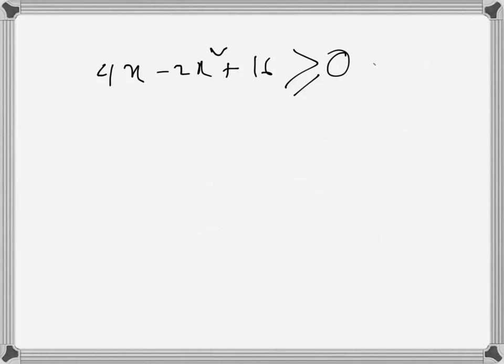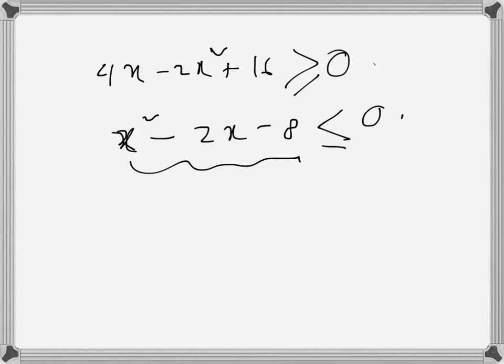This can be written as x squared minus 2x minus 8, less than or equal to 0, since I have divided by minus 2, so the inequality flips. And then if I factorize, I won't do the procedure, it will be x minus 4 and x plus 2.